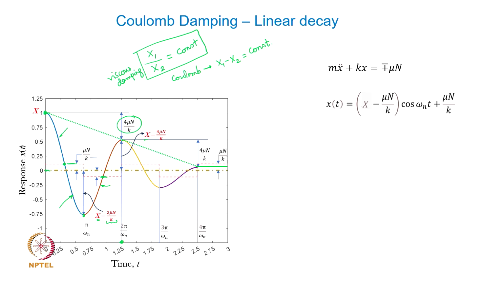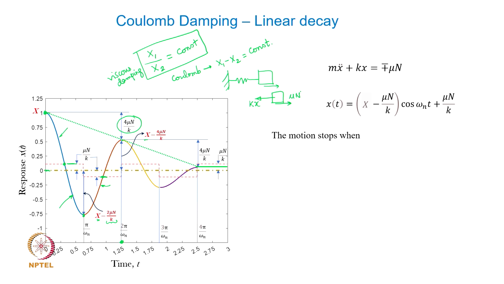Another interesting thing here is that this mass, which is continuously oscillating against the friction force, after a certain number of cycles, we know that at any point of time the force by the spring is going to tend to restore the mass to its original equilibrium position, but a friction force is going to constantly oppose that, right.